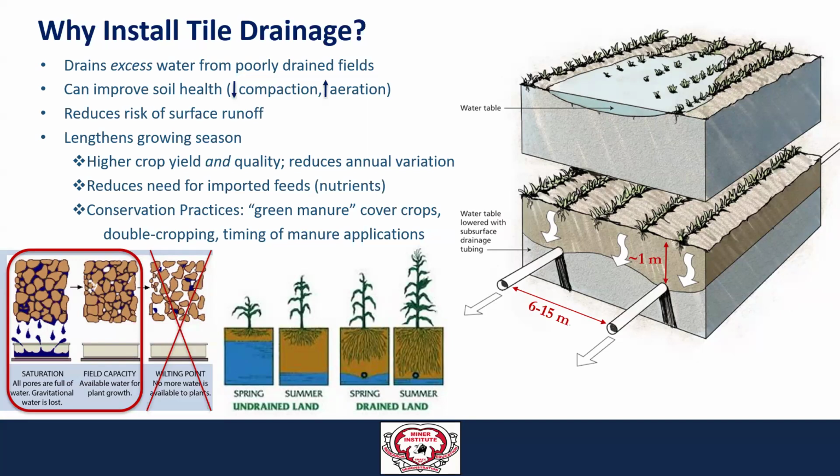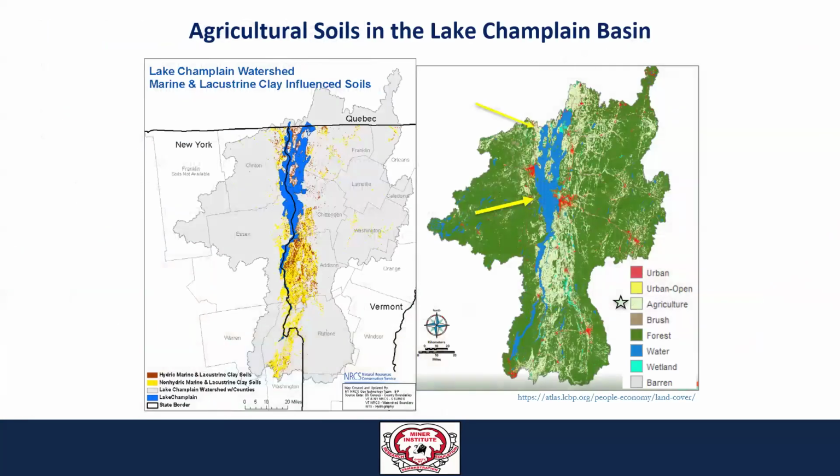It allows us more time to do things such as plant cover crops, and allows us more flexibility when we're managing our manure. And so all in all, while there are some risks, which we'll get into with tile drainage, there are certainly a lot of production benefits and potentially some environmental sustainability benefits as well.